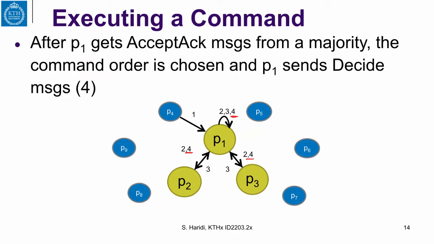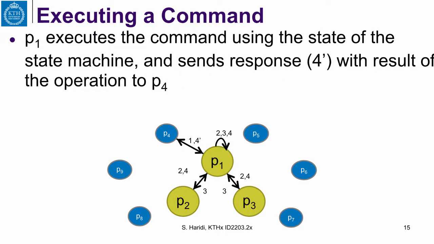After P1 gets the accepted messages from a majority, the command order is known, and P1 sends a decide and the replicated state machine can now execute the operation sent by P4. At this stage P1 also executes the command, which could be any command using the state of the local state machine, and it sends a response to the client P4.